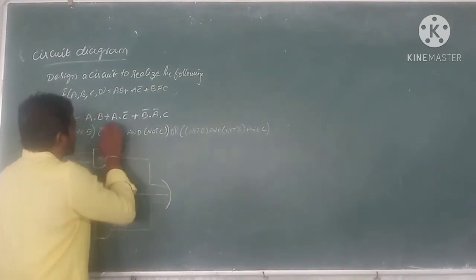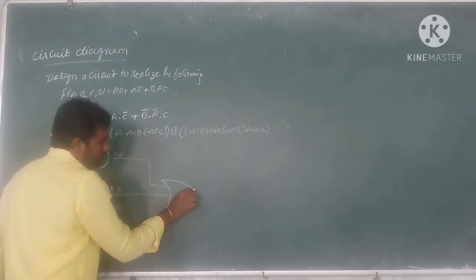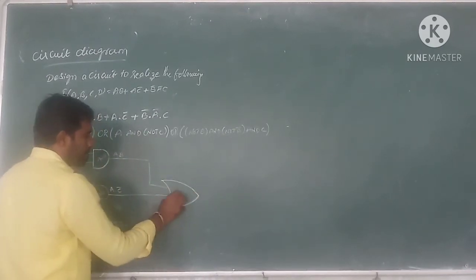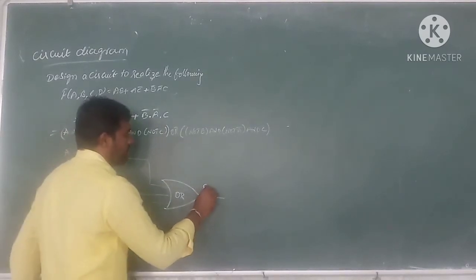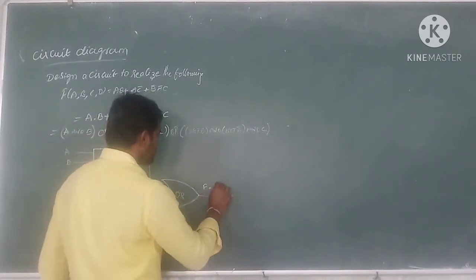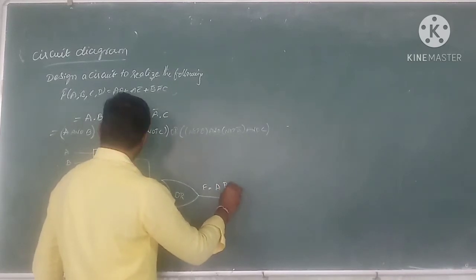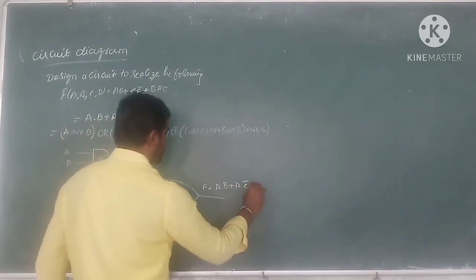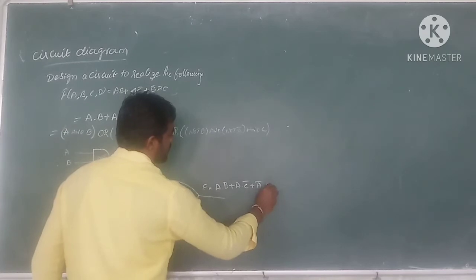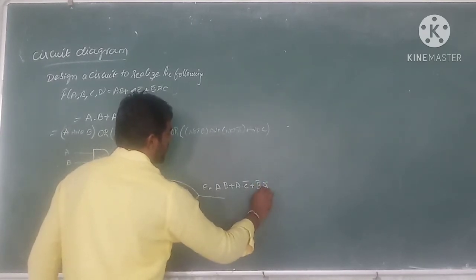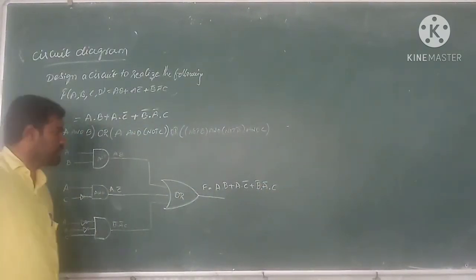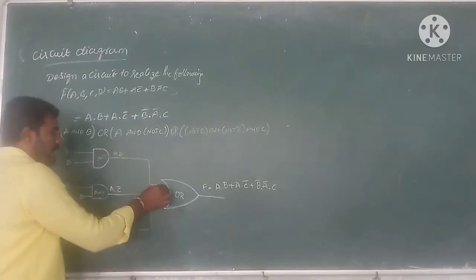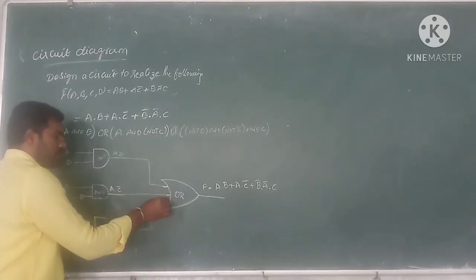Which operation do we have here? The OR operation. So use the OR gate and form the equation: A dot B plus A dot C complement plus A complement B complement C. This is what we need to draw as a circuit diagram in the examination.